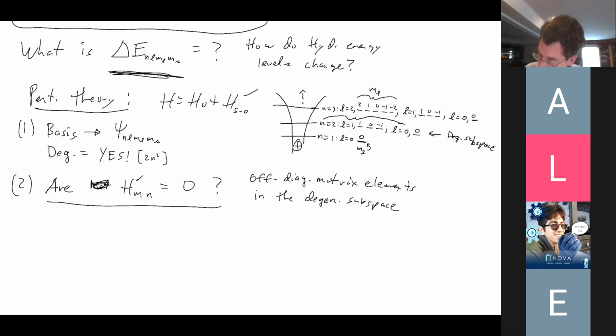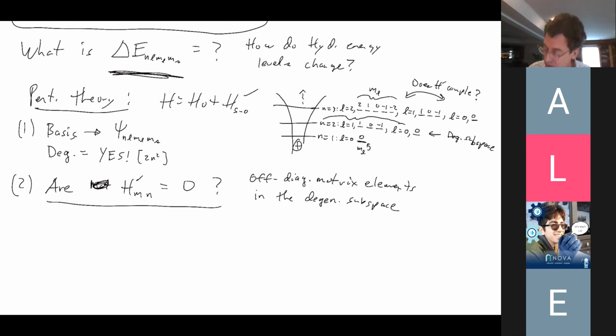So all of these states at one n level form a degenerate subspace. So those are the states we've got to worry about. So we have to ask ourselves, does H prime couple those states? Because for an operator to couple two states means that the matrix element of that operator between the two states is non-zero.